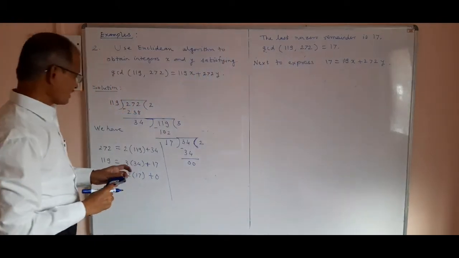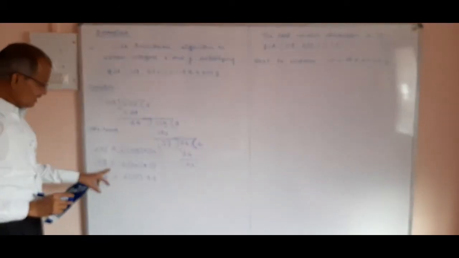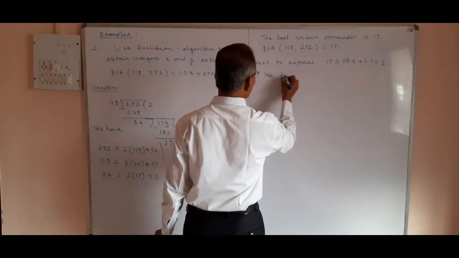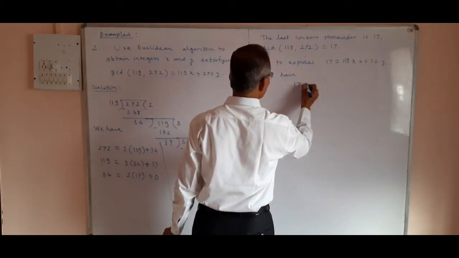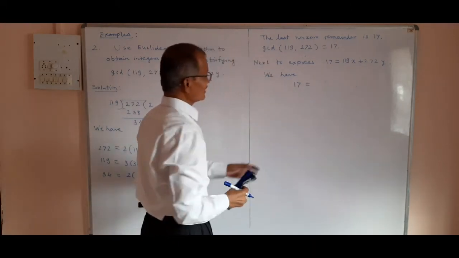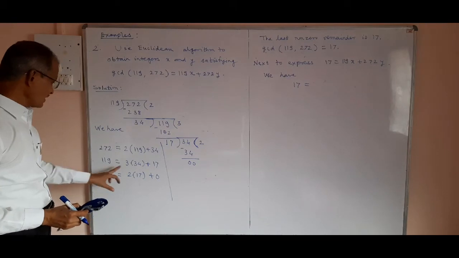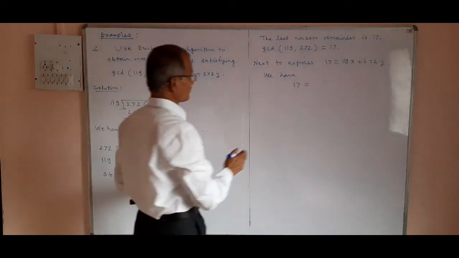Let's consider the second last equation. From this, we have 17 is equal to 119 minus 3 into 34.